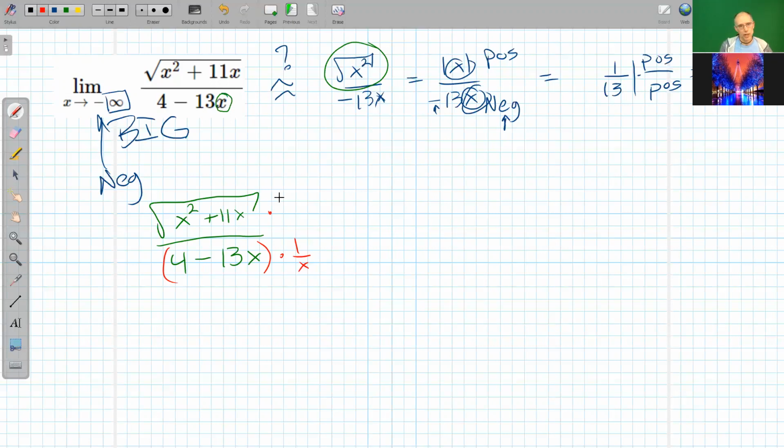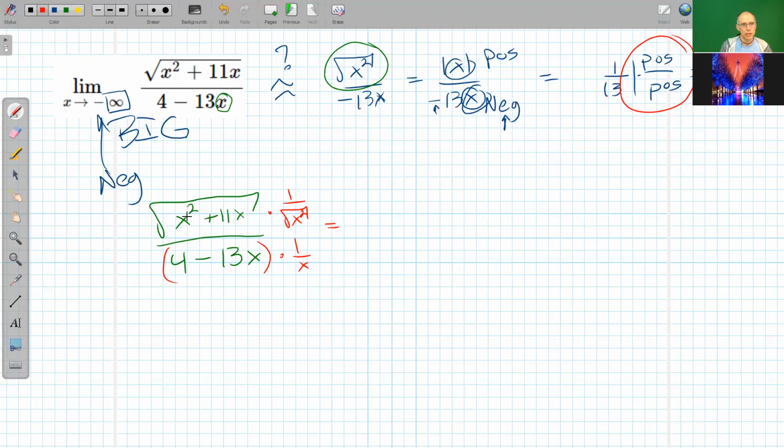I'm going to call that 1 over x. And then this is going to be 1 over the square root of x squared, which is kind of like x. And again, I have to keep my sign analysis up there in account.